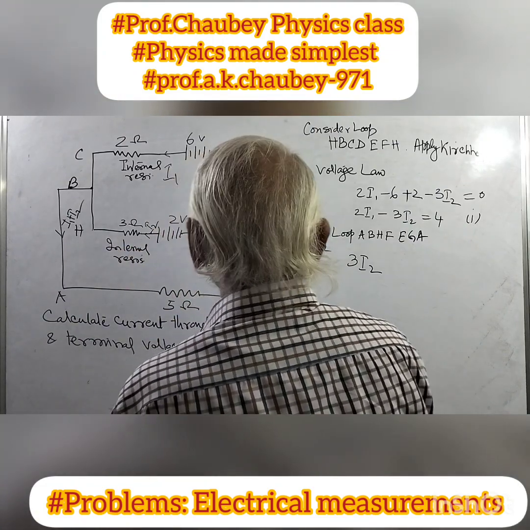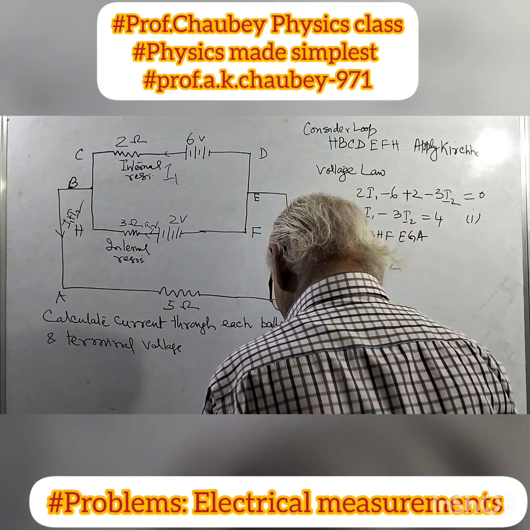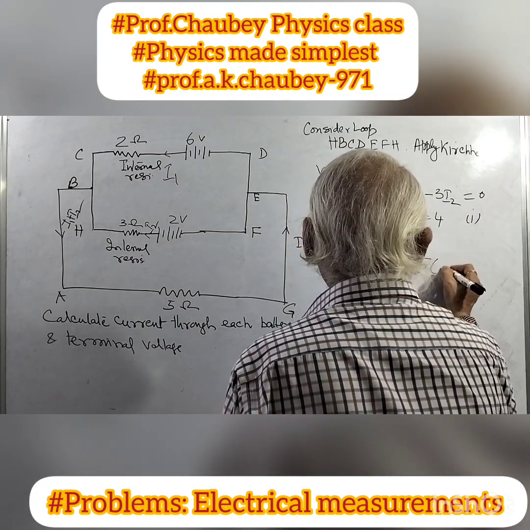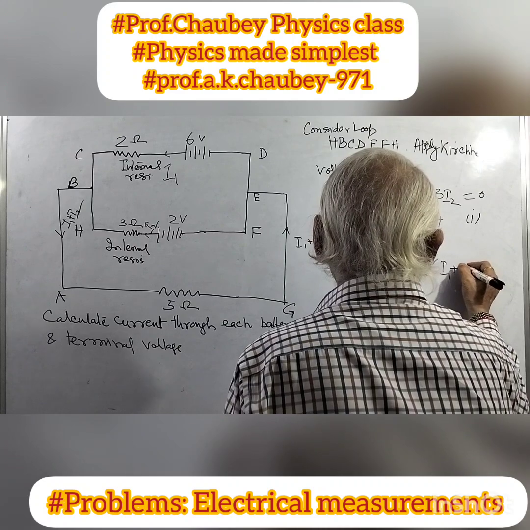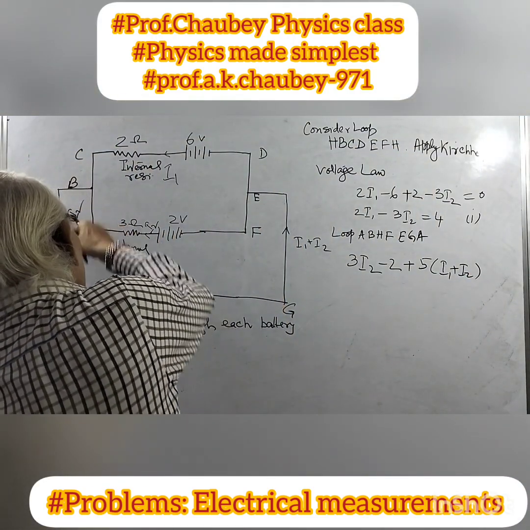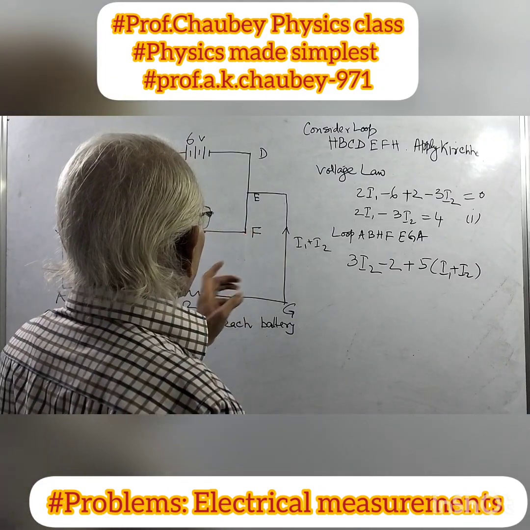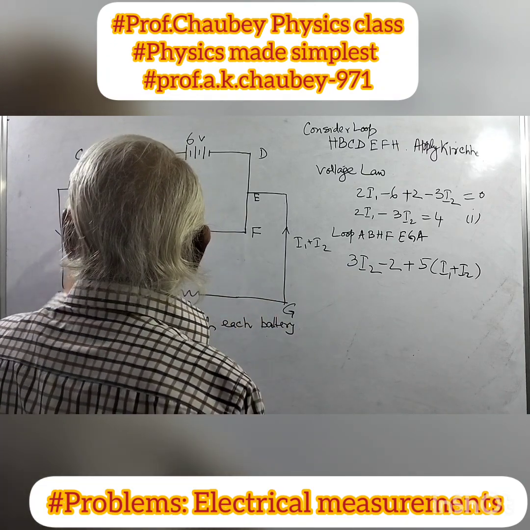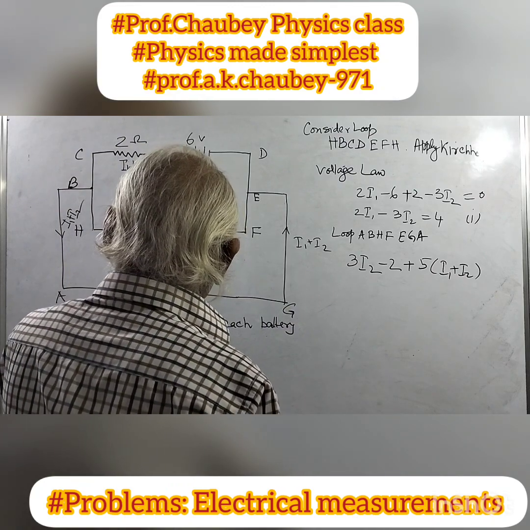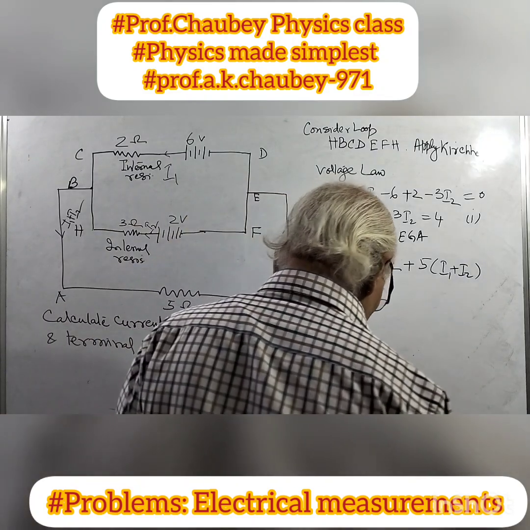So 3I2 minus 2, opposite to the current, and plus 5 into I1 plus I2, because the current in this 5 ohm is I1 plus I2. Anti-clockwise direction is taken as positive, clockwise as negative, and this is opposite to the battery positive, so both IR drops must be opposite.